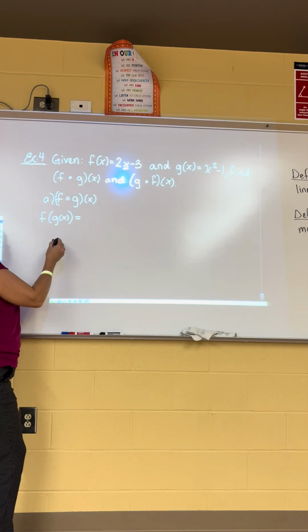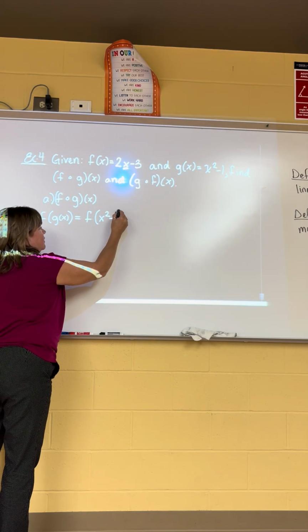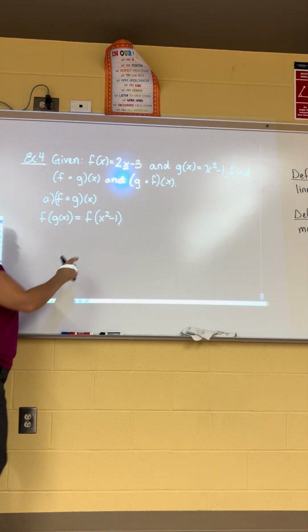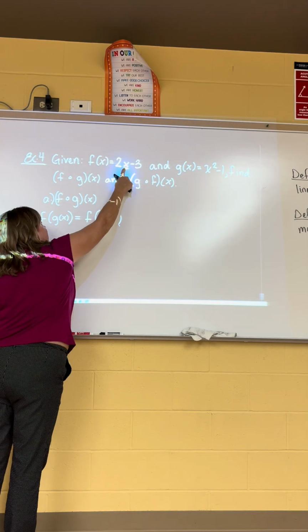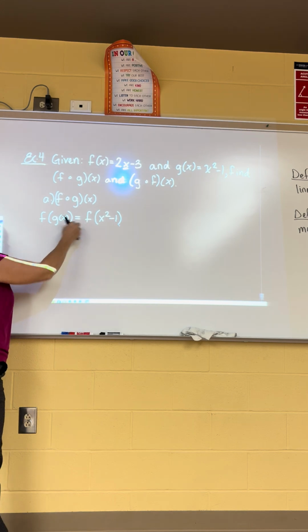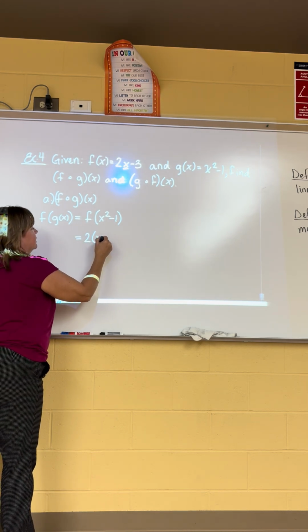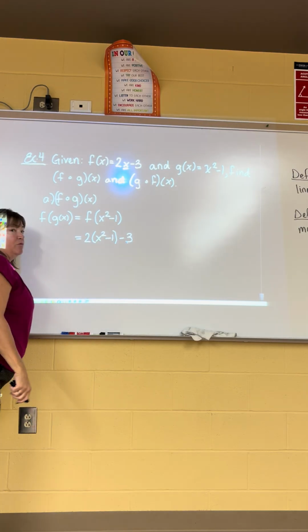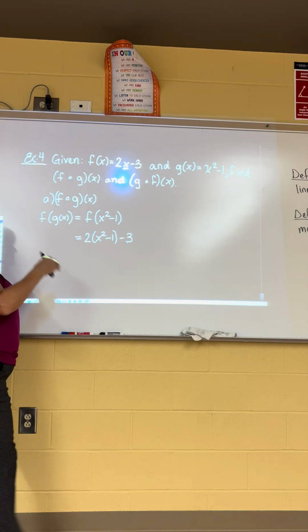Another way you can write that is f of x squared minus 1. And we know that whatever is in here goes in for x in the f function. So we would have 2 times x squared minus 1 minus 3. And then you want to distribute, combine like terms, and simplify it.